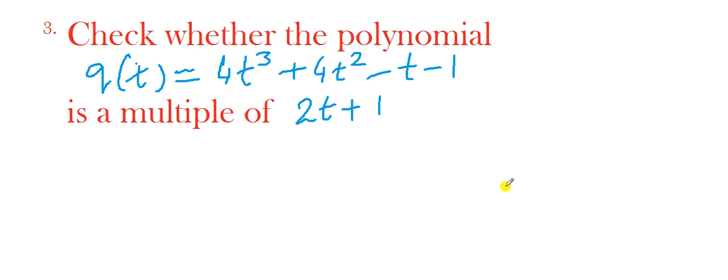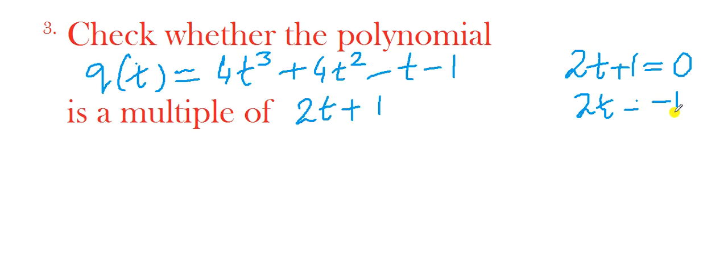So what we can do is use the remainder theorem. Now for using the remainder theorem, what is the first step that you will do? You will take your divisor, which is 2t plus 1, and equate it to 0, which will give you 2t is equal to negative 1 and t is equal to negative 1 over 2.